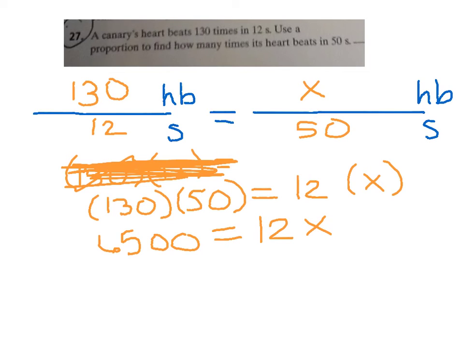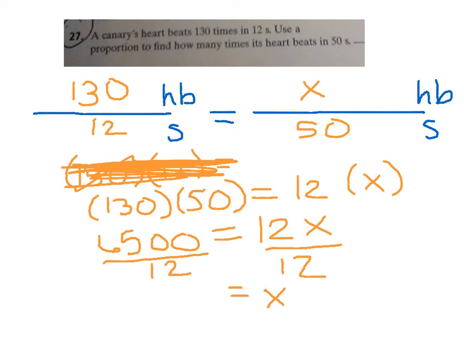Now I'm multiplying 12 by x, so to undo that multiplication, I'm going to divide both sides by 12. The 12 divided by 12 is 1, and 1 times x leaves me with my x on this side of the equation.